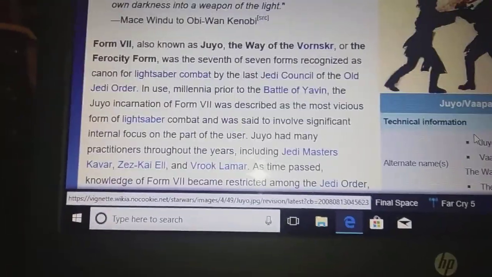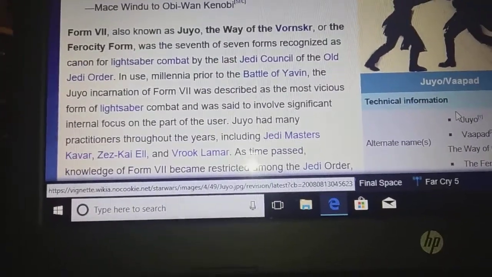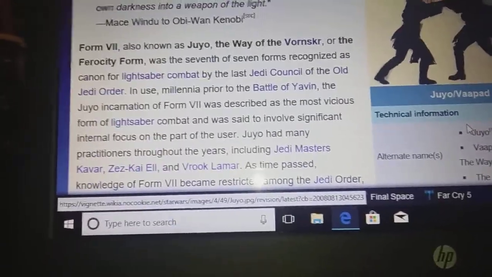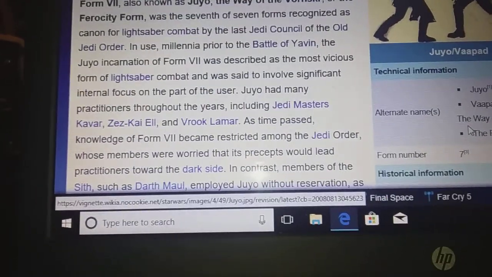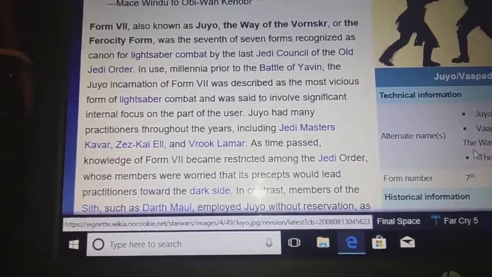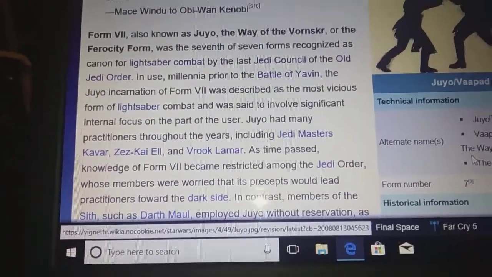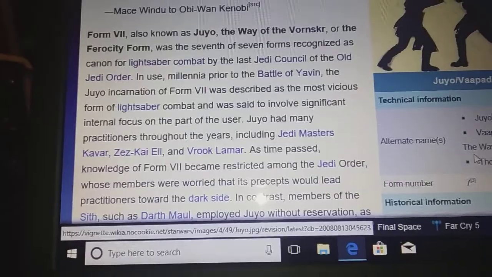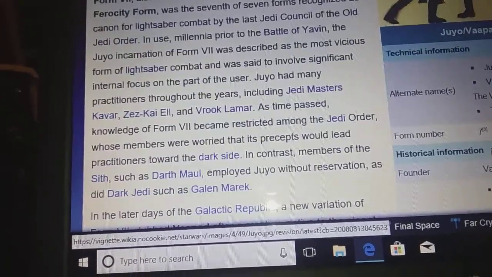So, yeah, Vaapad was the thing made by Mace Windu. But before that, everyone used Juyo, which was kind of like the banned technique, like if you used it, people were like, oh yeah, you gotta use evil feelings and stuff.